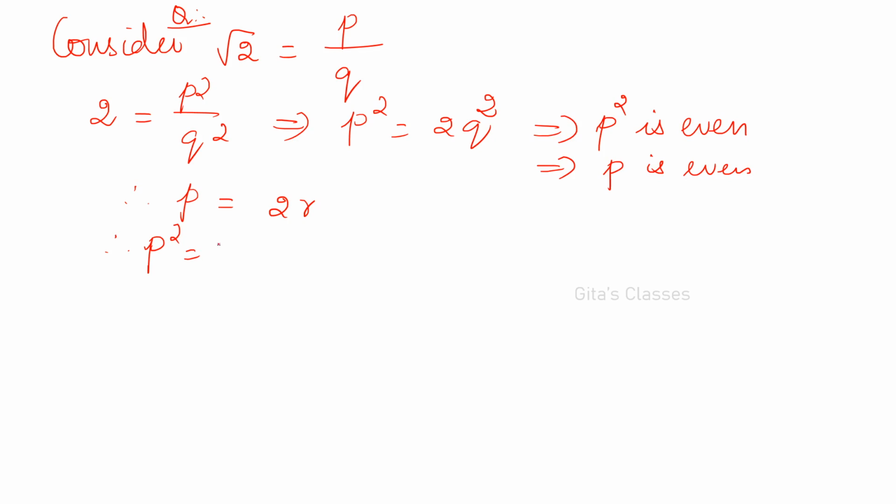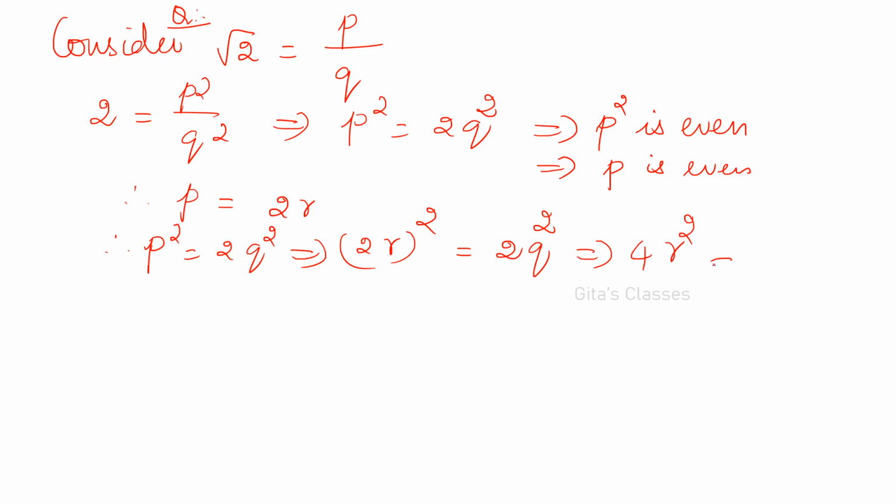Therefore, p squared is equal to 2q squared will become: p squared is what? 2r the whole square is equal to 2q squared, right? So this implies 4r squared is equal to 2q squared. That means 2 will get cancelled here. q squared is equal to 2r squared. q squared is 2r squared means what? q squared is even, right?